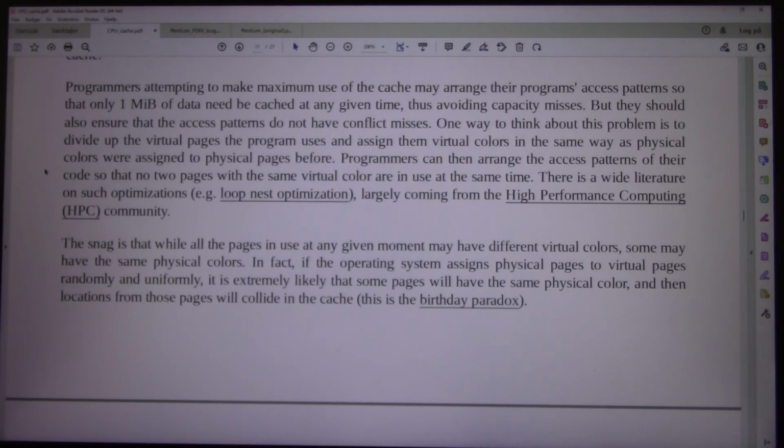In fact, if the operating system assigns physical pages to virtual pages randomly and uniformly, it is extremely likely that some pages will have the same physical color, and then locations from those pages will collide in the cache. This is the birthday paradox.